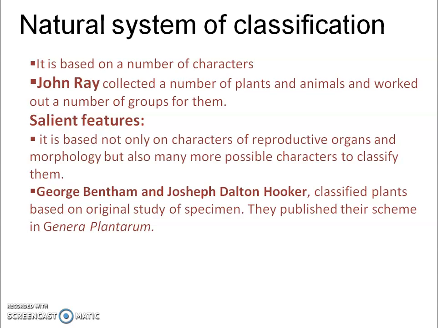They published their scheme in the Genera Plantarum. So Bentham and Hooker classified the various specimens in this way.